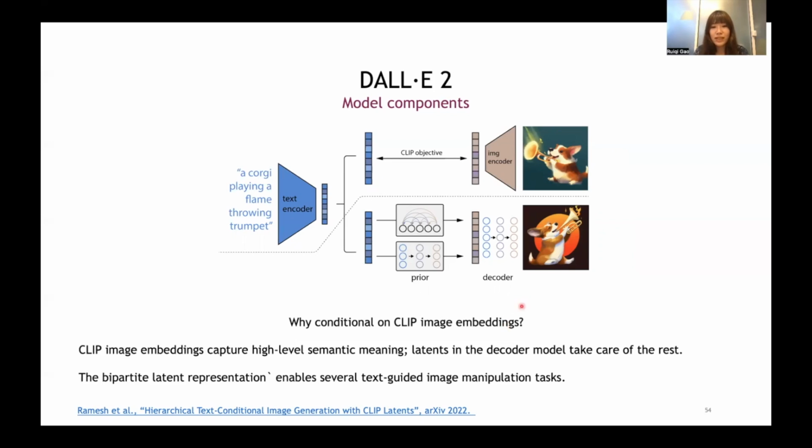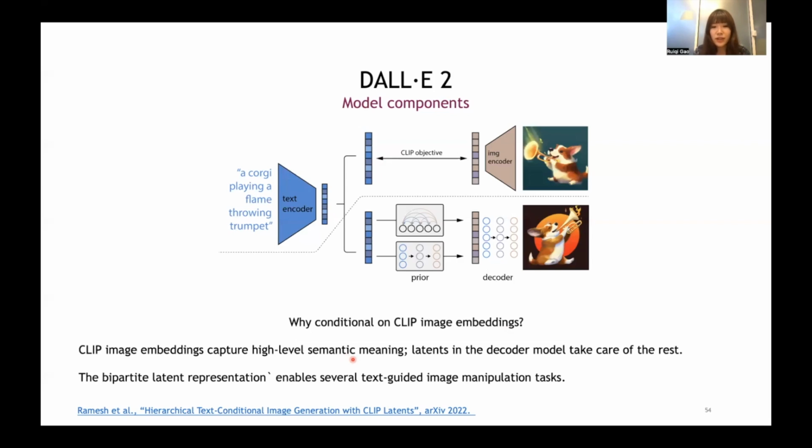So the hypothesis is that clip image embeddings tend to have a higher chance to capture the high-level semantic meaning of an input signal, especially those related to the caption information. And by conditioning on this high-level semantic meaning, the decoder is able to catch up on those low-level details of the images more quickly.